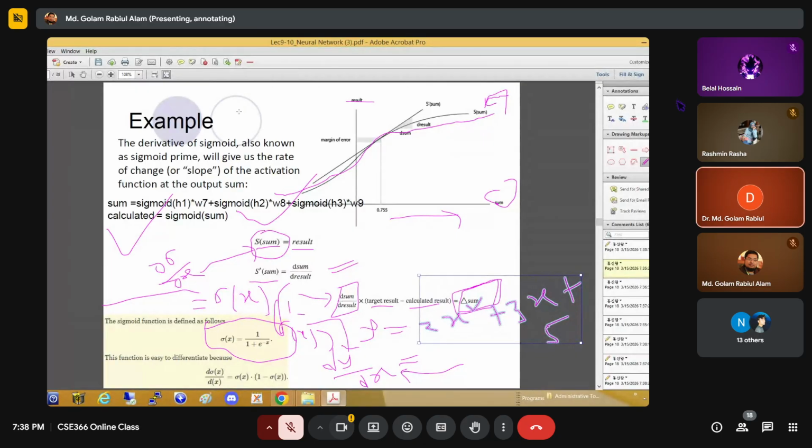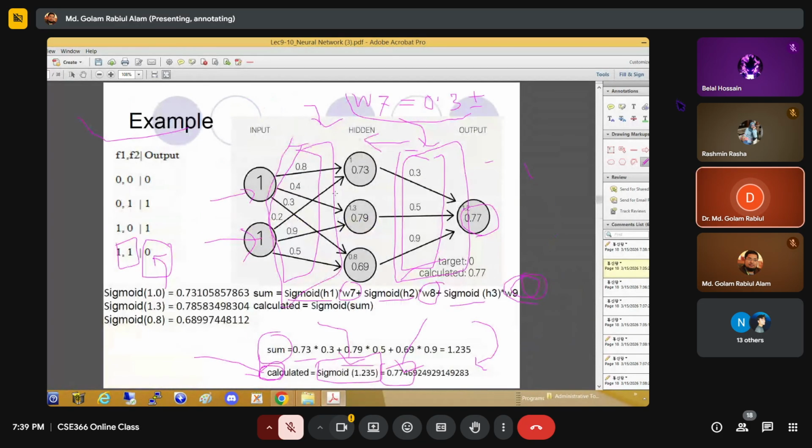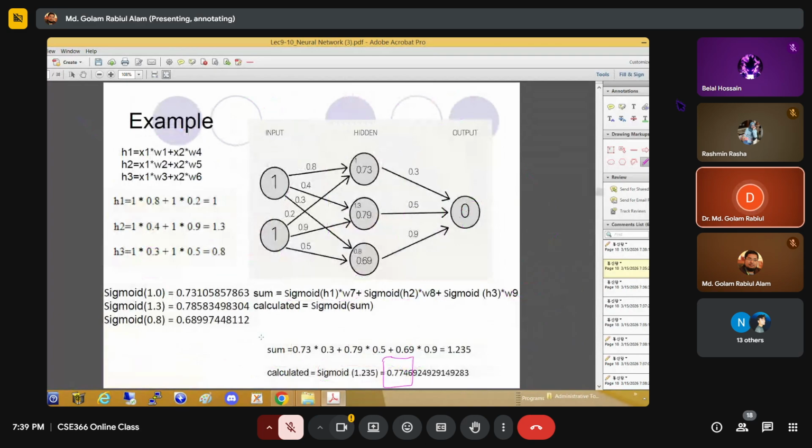So that means we can easily find the derivative of the sigmoid of the sum. We have already calculated the sigmoid of the sum previously in forward propagation.